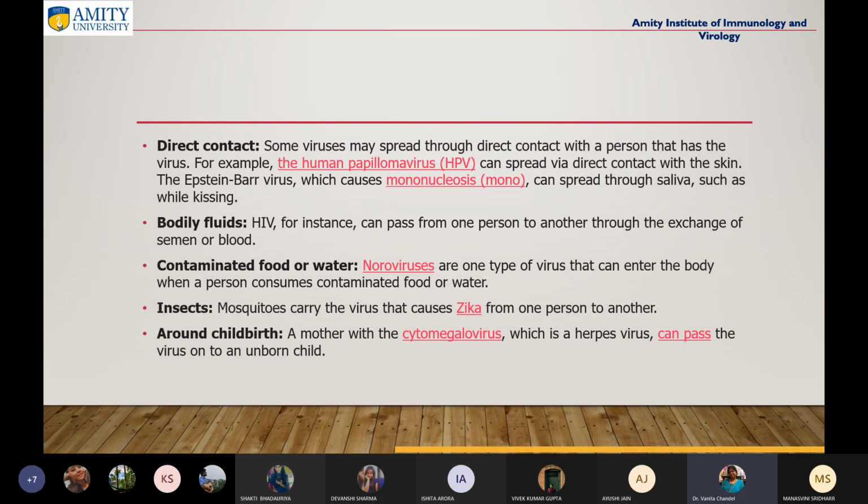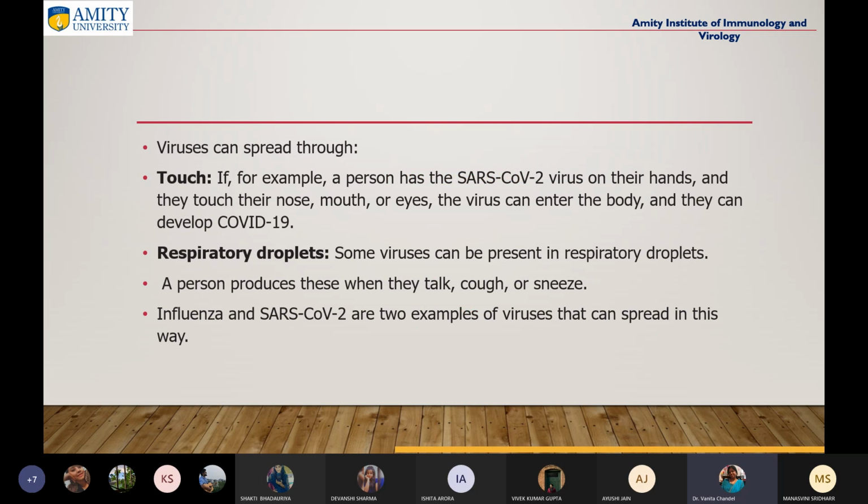Then sometimes during childbirth also, for example, if the mother is suffering from cytomegalovirus, which is a herpes virus, it can pass the virus to an unborn child. So there are chances that viruses can be passed. Viruses can also spread by touch and respiratory droplets.